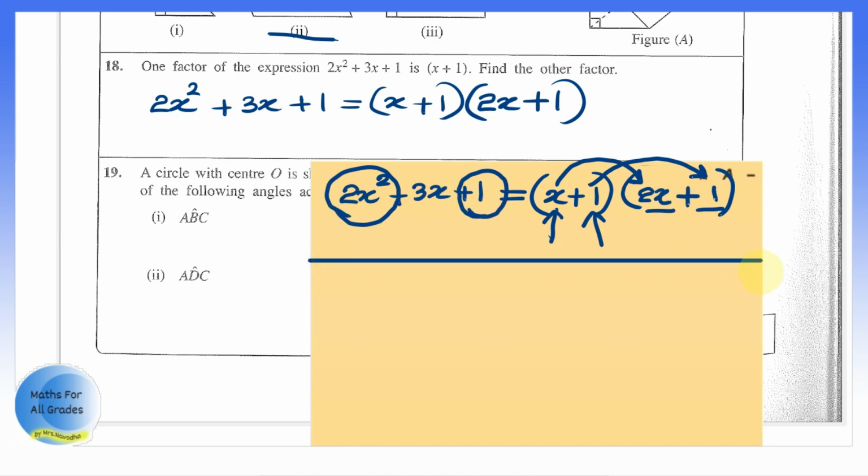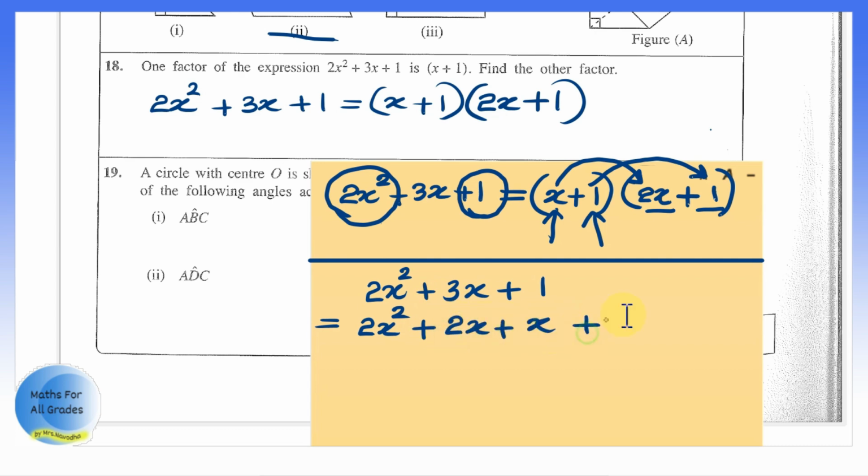There is another method to find this. 2x squared plus 3x plus 1. Now you can see there are 3 terms: 1, 2, 3. If I write down 4 terms, it's easy to factorize. Instead of 3x, I am going to write 2x plus x. Now consider these two terms and let's take out common ones. 2x is common. So what's remaining here? x plus 1.